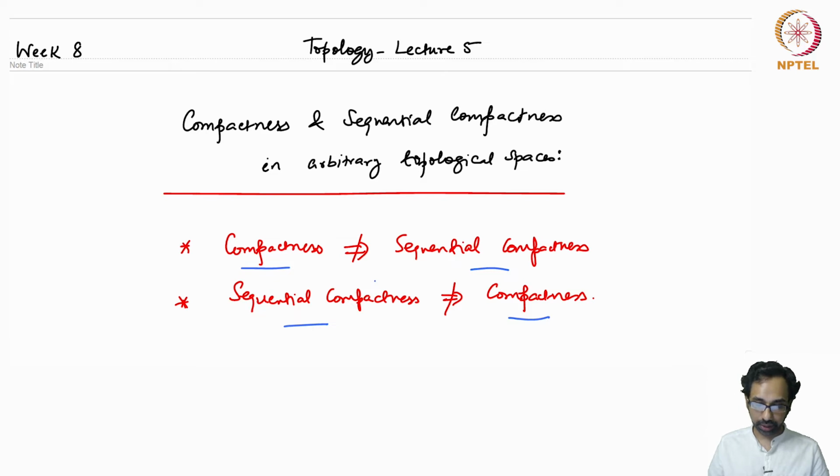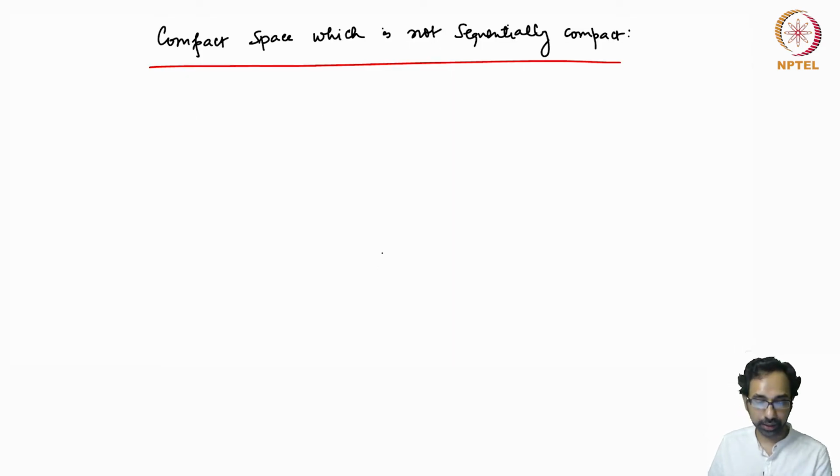So let us start with an example of a compact space which is not sequentially compact. First of all, let us take an index set, because we will form an arbitrary Cartesian product.